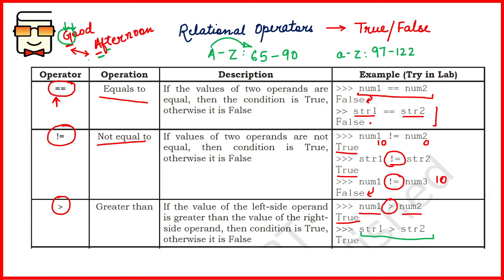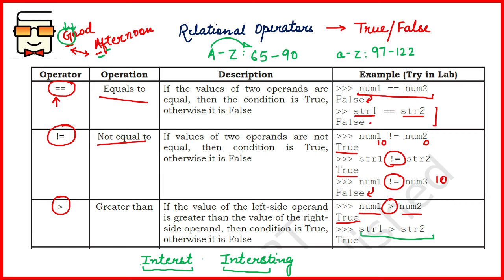So further, if you have strings like, say, interest and another string like interesting, in this case all the characters will match till the ending of the first string.